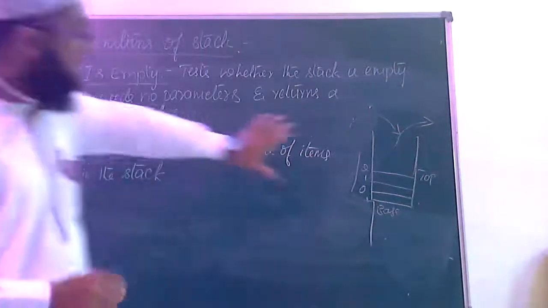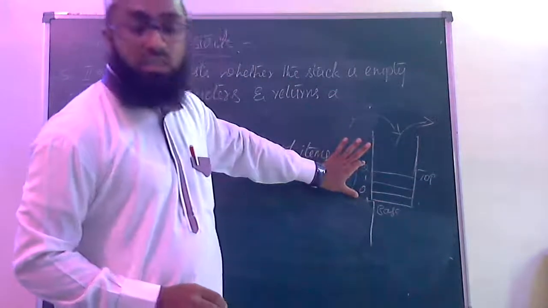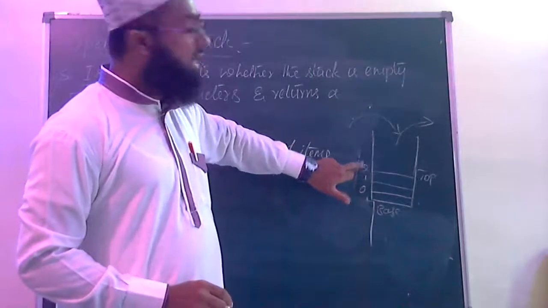Checking the size here, 0, 1, 2. It means the total size of the stack is 3 because 3 elements are present here, 0, 1, and 2.